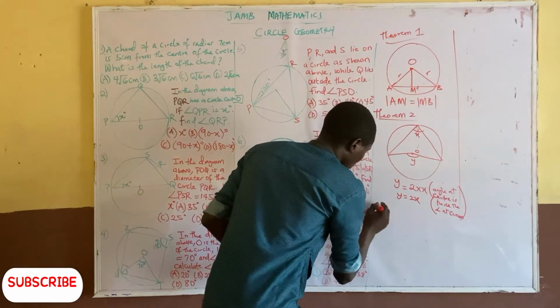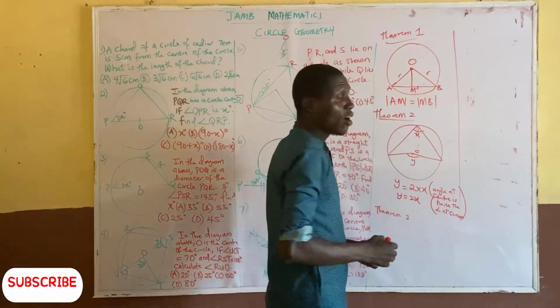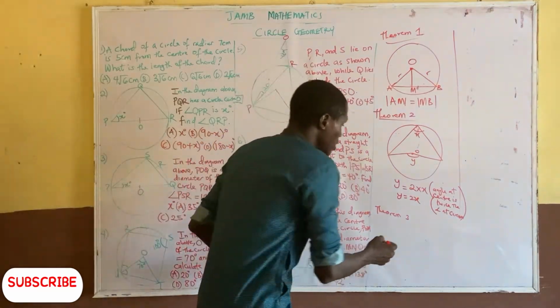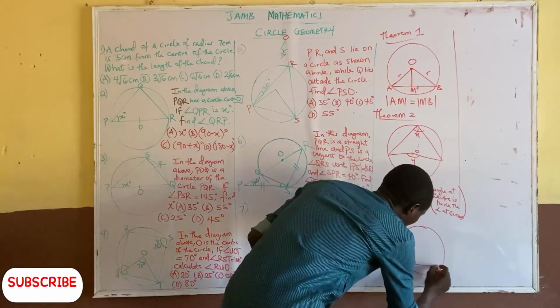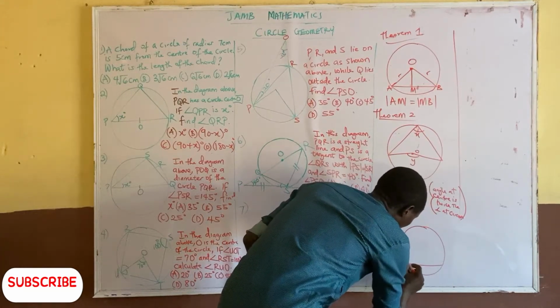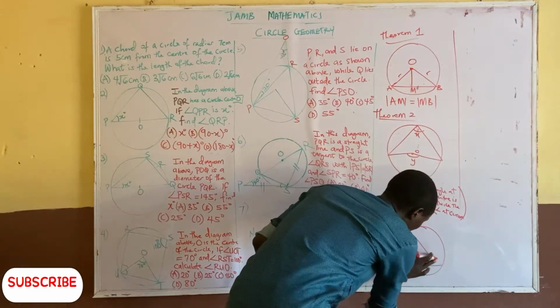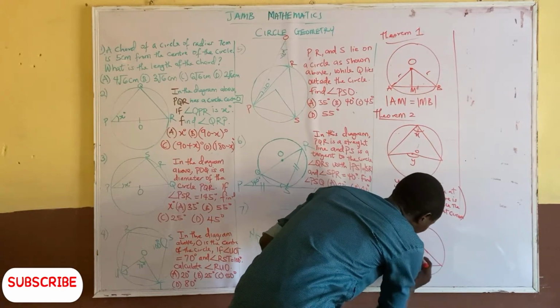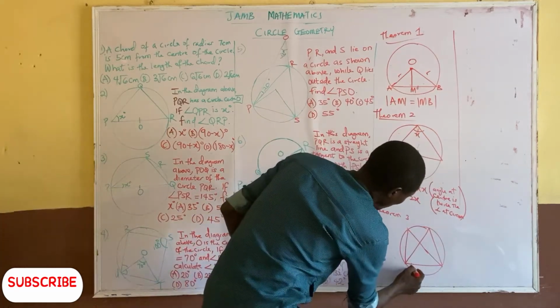Theorem number 3 is angle in the same what? Segment. For example, now I have a circle like this, and I have a chord. Now this chord forms a segment.